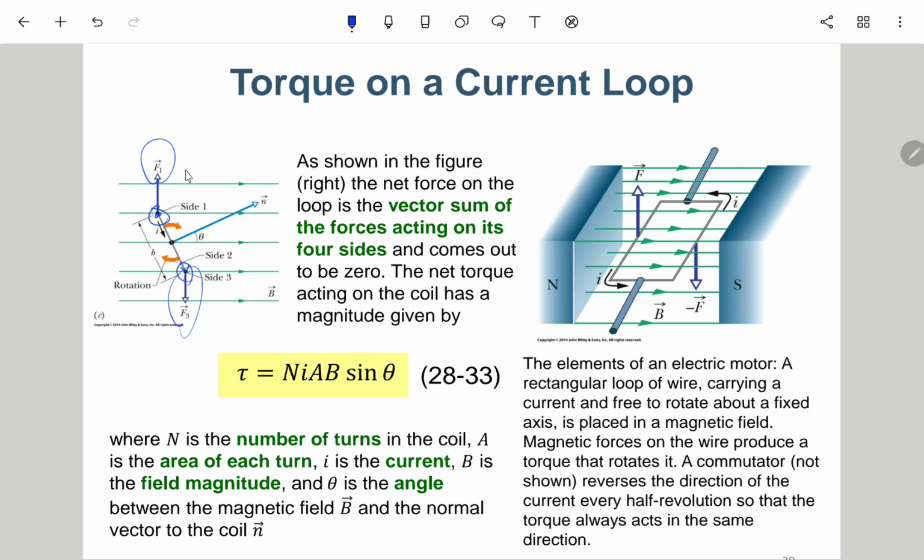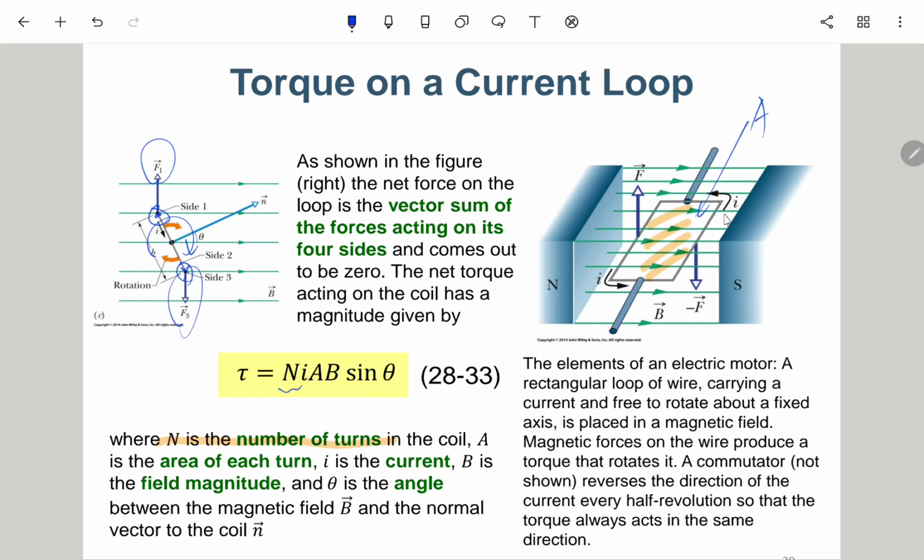This F1 and F3 will make the loop have a torque rotating clockwise. And this torque will be nothing but tau equals N, where N is the number of turns in the coil, times I, the current, times A, the cross-section area, times the B field times the sine of theta.